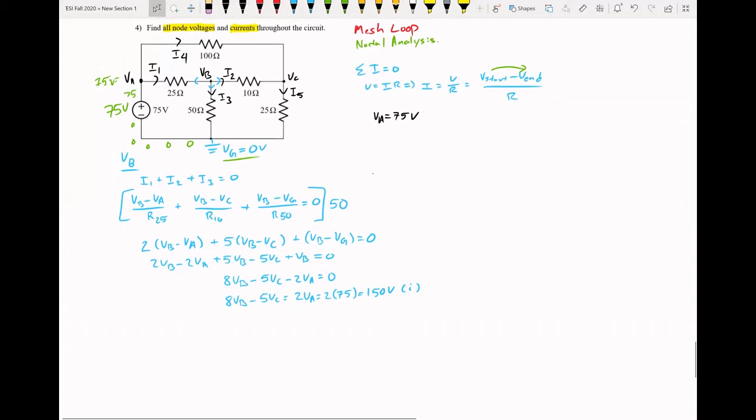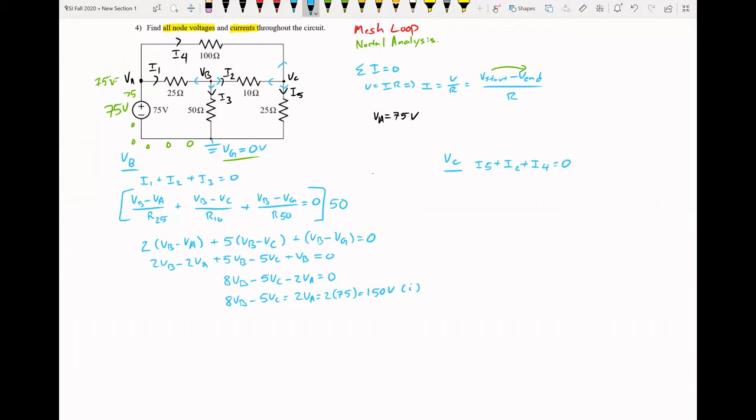All right, let's take a look at V of C. We're going to see if we can squeeze this in on the right here. So V of C, same concept. We're going to do now I5 is going that way, I4 is going that way, and then I2 is going that way. So I can do I5 plus I2 plus I4 is equal to 0.